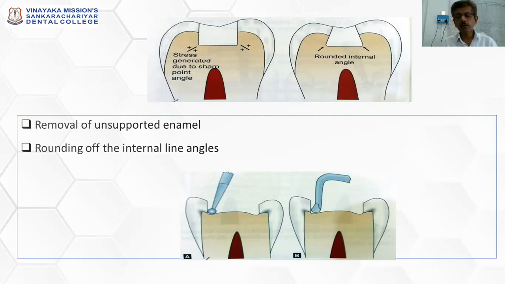You don't want these locations in the cavity to act as areas where stresses concentrate, thereby causing crazed lines on the tooth and cracking of the restorations. So hence, you just keep it rounded, which you can do with the help of a round burr. And also, you can use certain hand instruments.